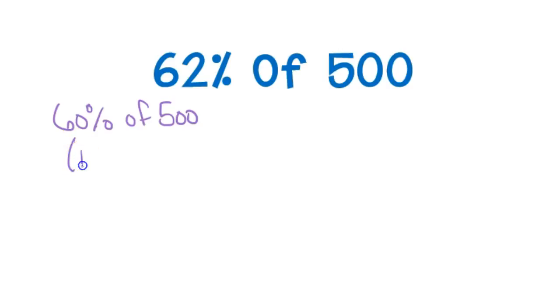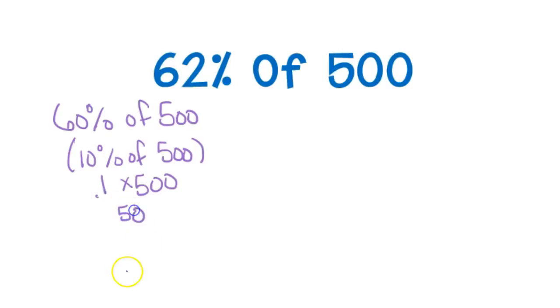So if we first wanted to figure out what 10% of 500 is, 10% written as a number, we can move the decimal 2 places. We have 0.1 times 500. So 10% of 500 will give us 50.